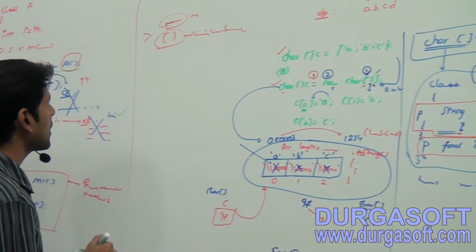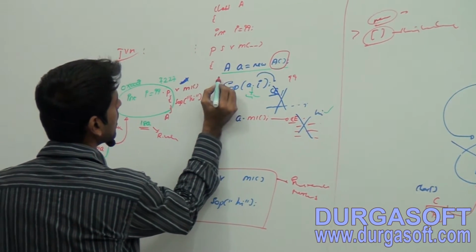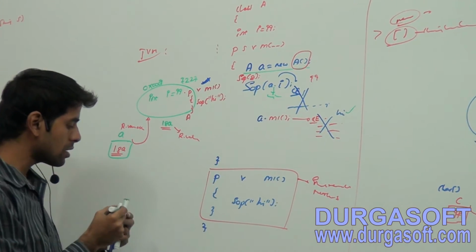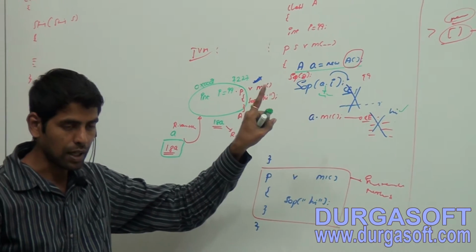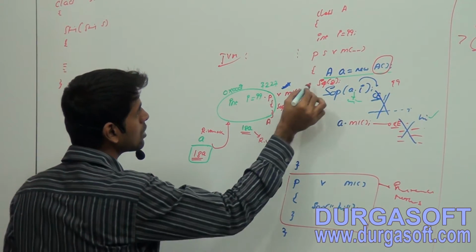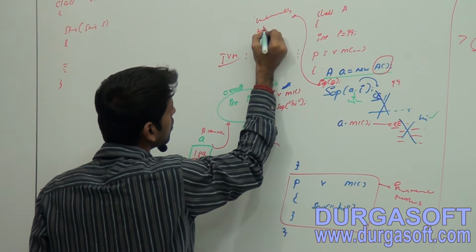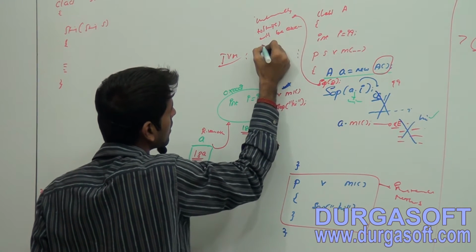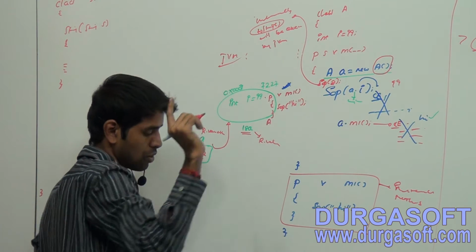We have understood one thing: if I pass a reference variable as an argument to the System.out.println statement, internally JVM calls what? The ToString method will be executed by JVM, right? ToString method, guys.